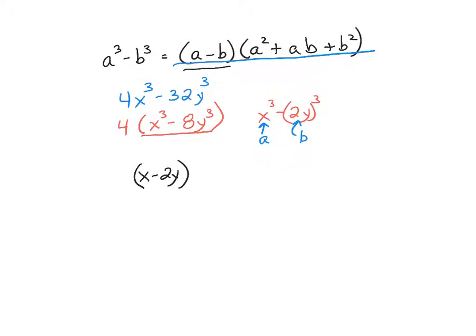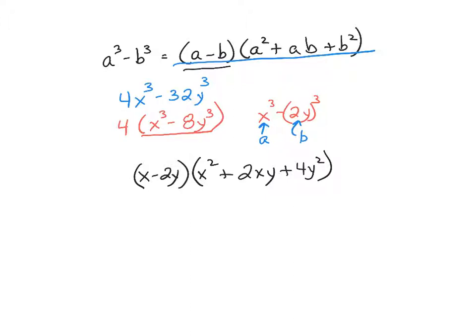Then I need a squared, so that's going to be x squared because a is equal to x in this case, plus ab. So a is equal to x, b is equal to 2y, so I really have plus 2xy. Then plus b squared. b is equal to 2y, so if I square that, I'm going to get 4y squared. So that factors down to that.